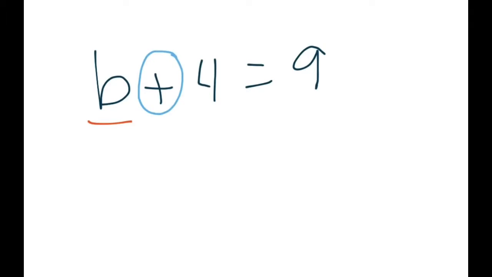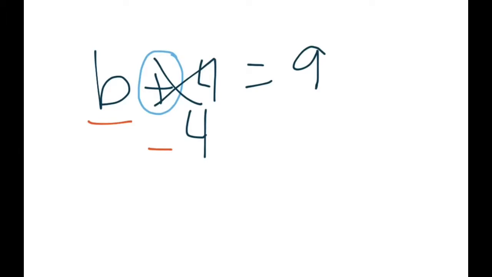Because we're going to be subtracting, we're going to go minus. To get the b alone, we need to take away 4 from this side, so that will cross this out. And what you do to one side, you have to do to the other, just like our lesson yesterday with the weights and making sure that they're equal.